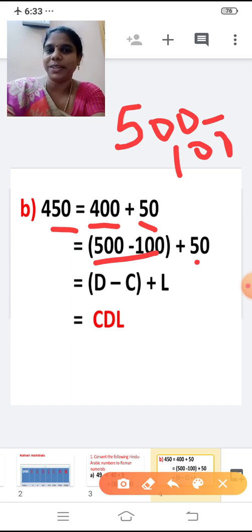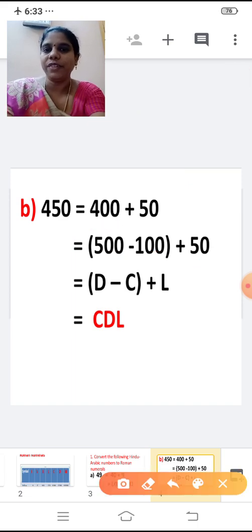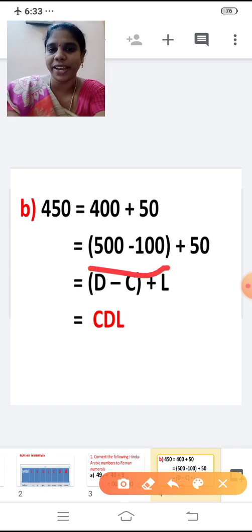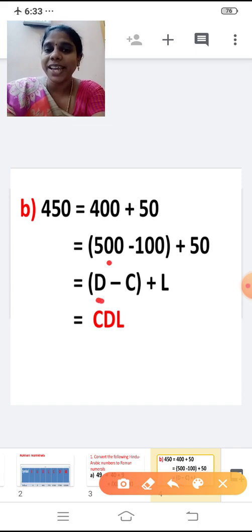Plus 50. 400, I'm writing it as 500 minus 100, as we know the values for 500 and 100. So 400 is 500 minus 100, plus 50. Now tell me, what is the Roman numeral for 500? D, right? What is the Roman numeral for 100?